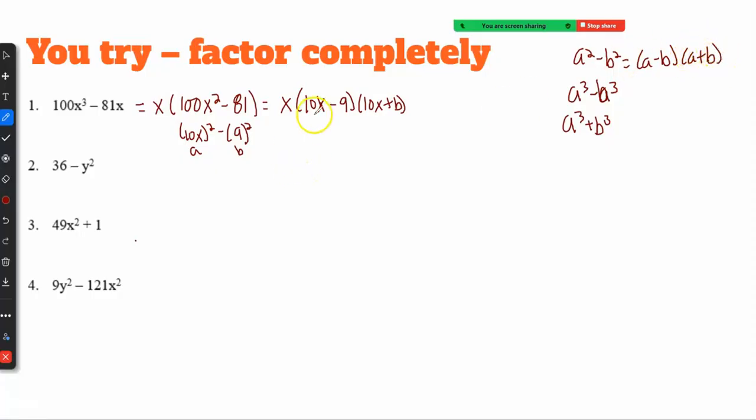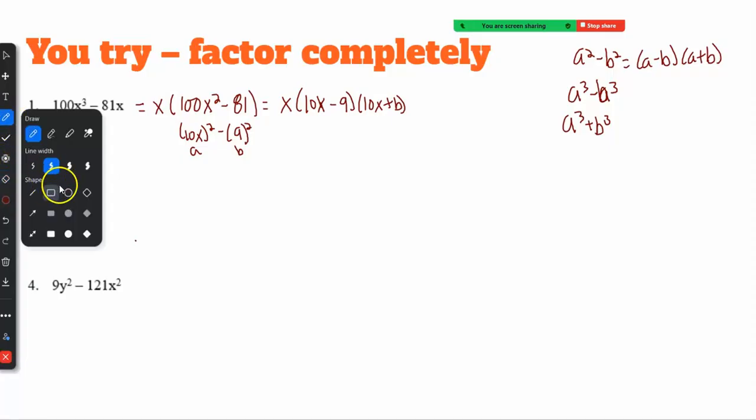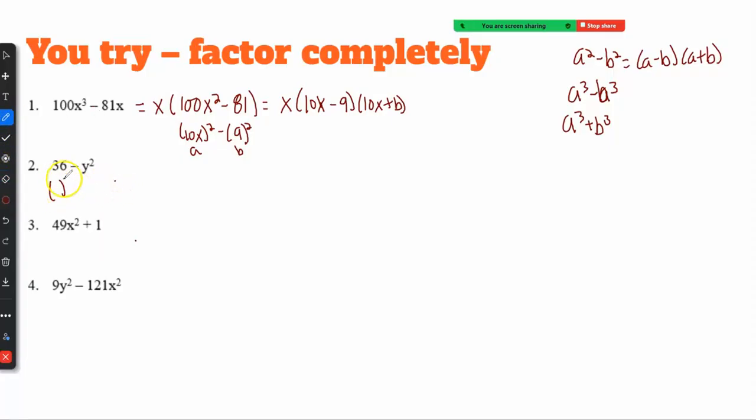So I see that this one was difference of squares. If I look at this one, example 2, this is also difference of squares.